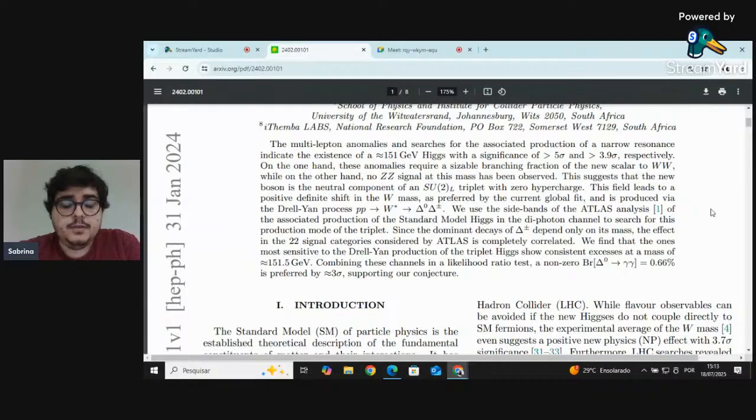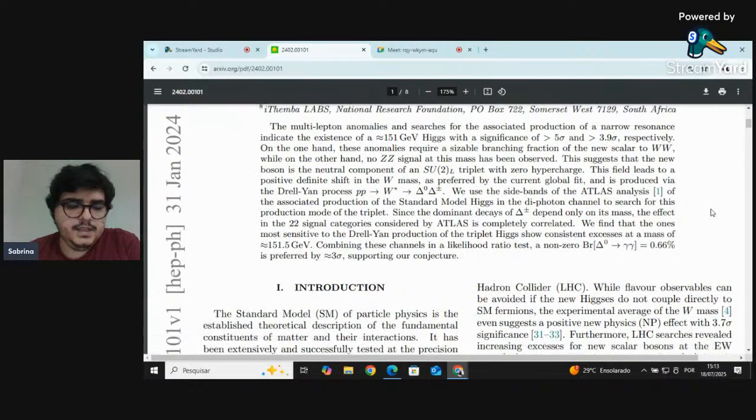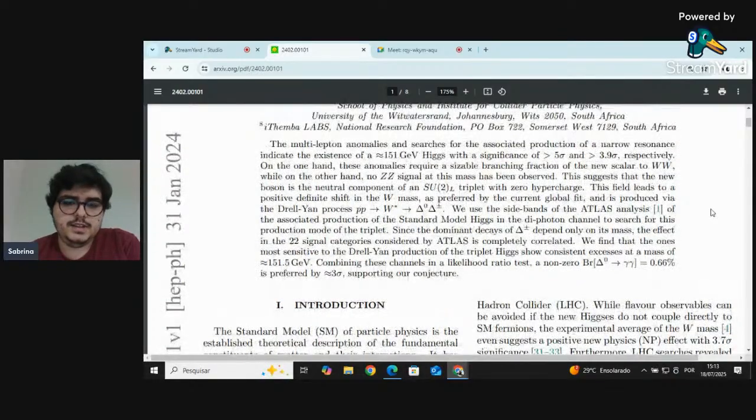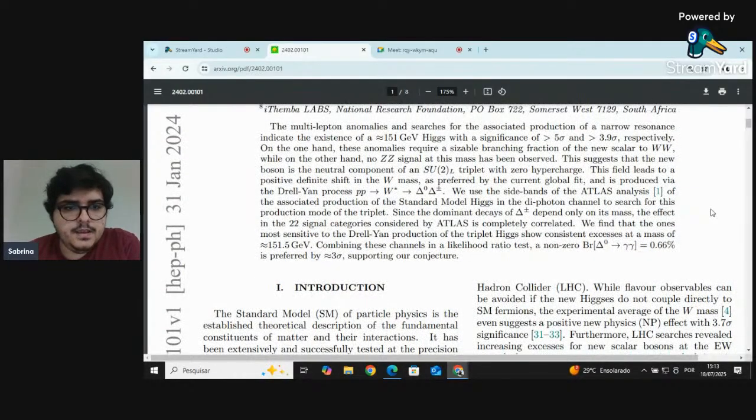Okay, when you include this scalar, it will influence the W mass. So the W mass is gonna have a slight positive shift, and this positive shift is related to the custodial symmetry that I'm gonna talk about later.